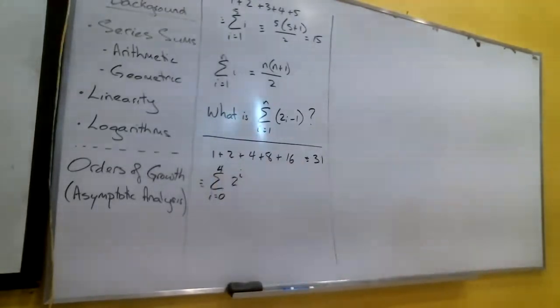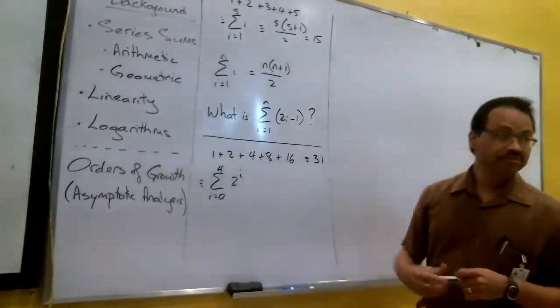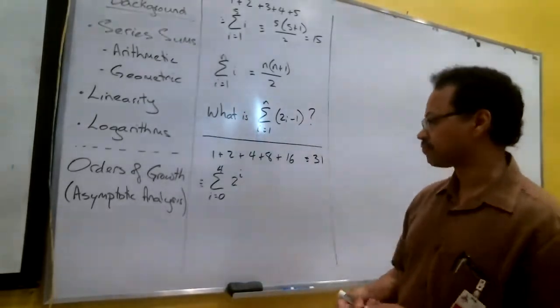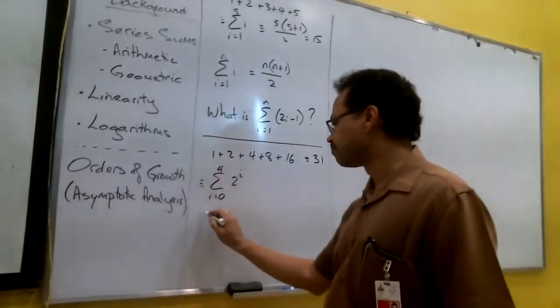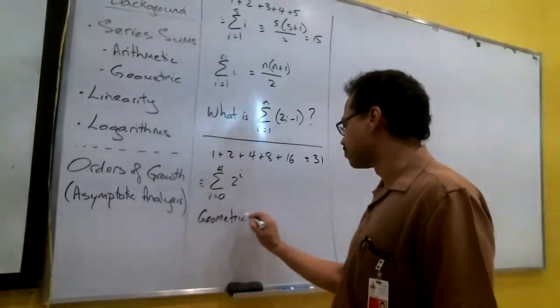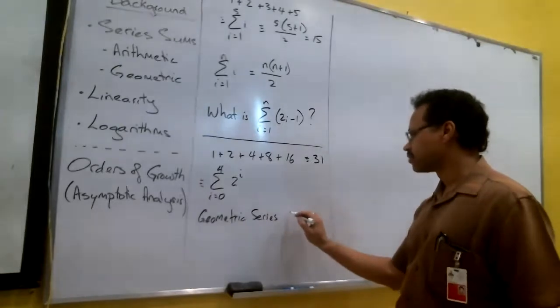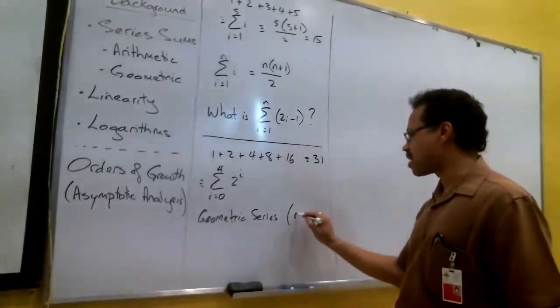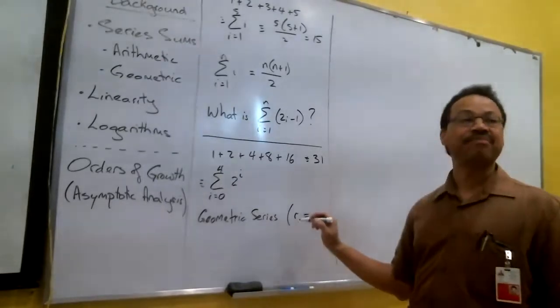Right. So now there's a generic formula that I want you to also know by heart, just like the other one I'm asking you to learn. For geometric series, that's what this is. In this case, r is a constant, and the only constraint on it is that it can't be 1.